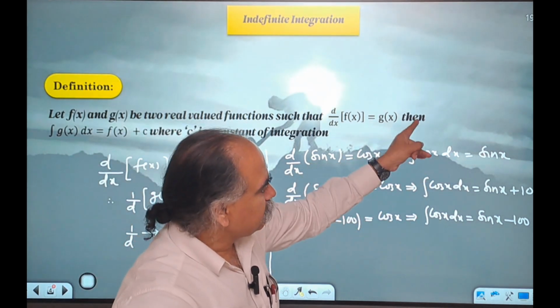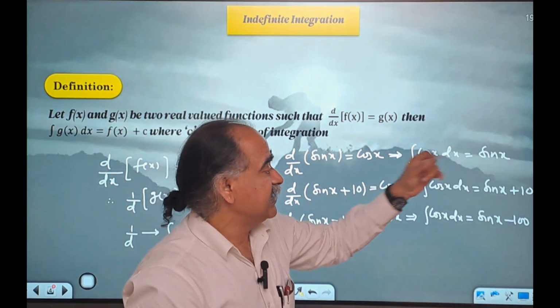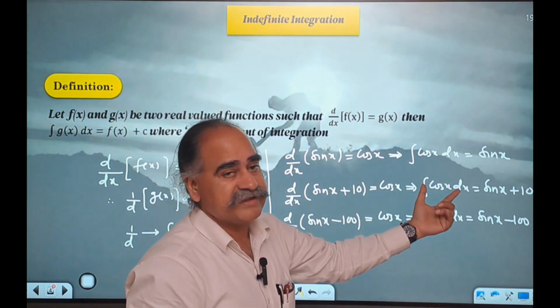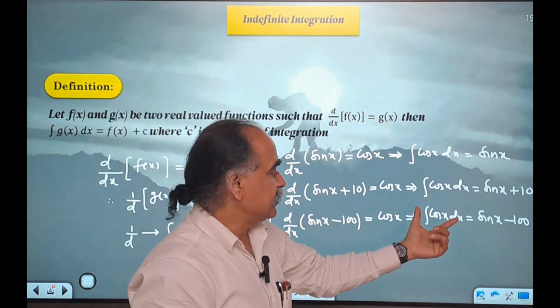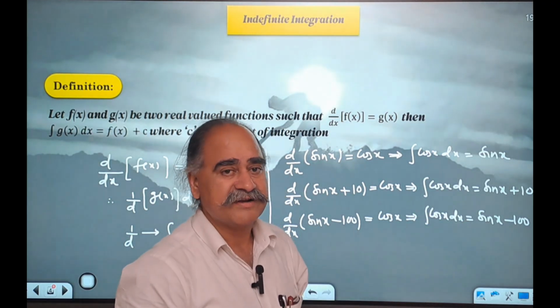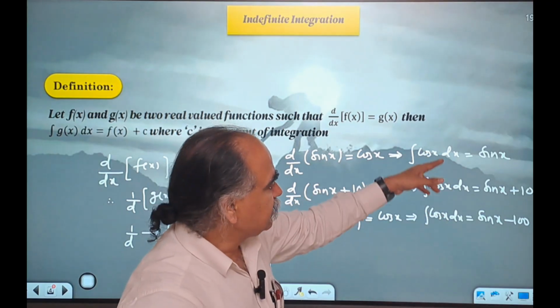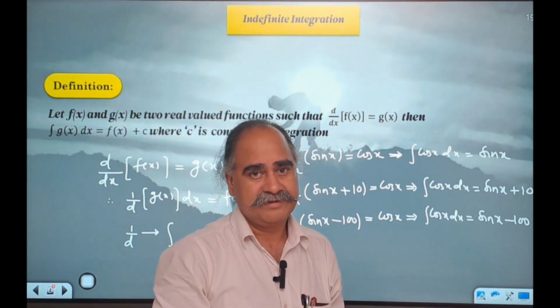In all three formulas you can see, here you are saying integration of cos x is sin x, whereas here integration of cos x is sin x plus 10, and here integration of cos x is sin x minus 100. So in all three cases there is a difference of constant.